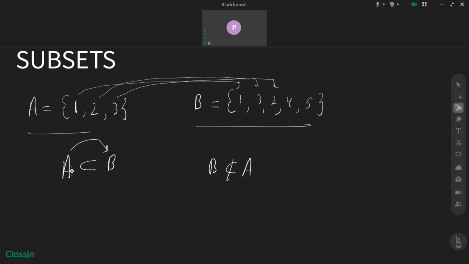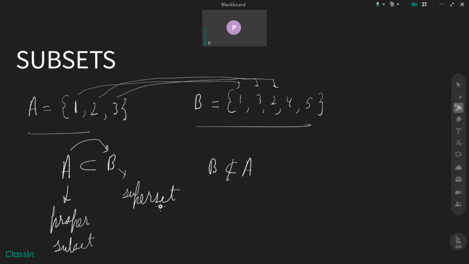So if A is a subset of B and B is not a subset of A, then A is a proper subset and B is known as the superset.